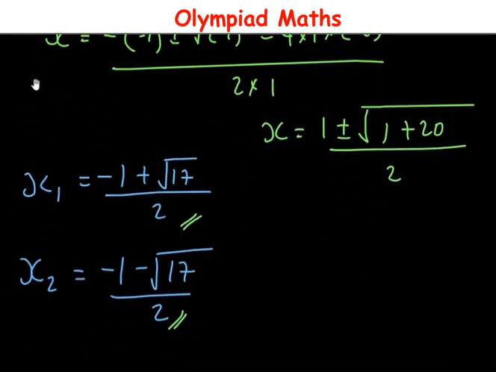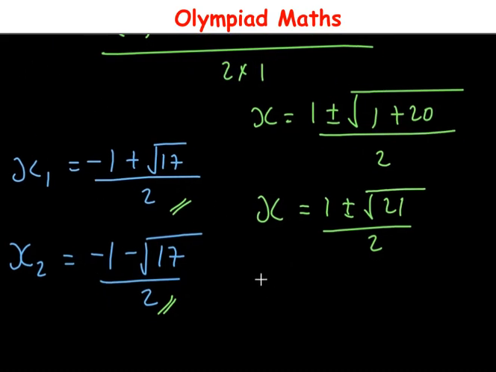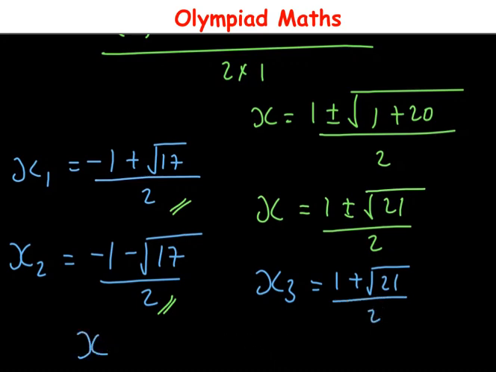And with this, the solution for x equals 1 plus or minus root 21 over 2, such that we have the third solution for x to equal 1 plus root 21 over 2, and the fourth solution for x equals 1 minus root 21 over 2. Okay, so we have the first, second, third and fourth solutions for x.